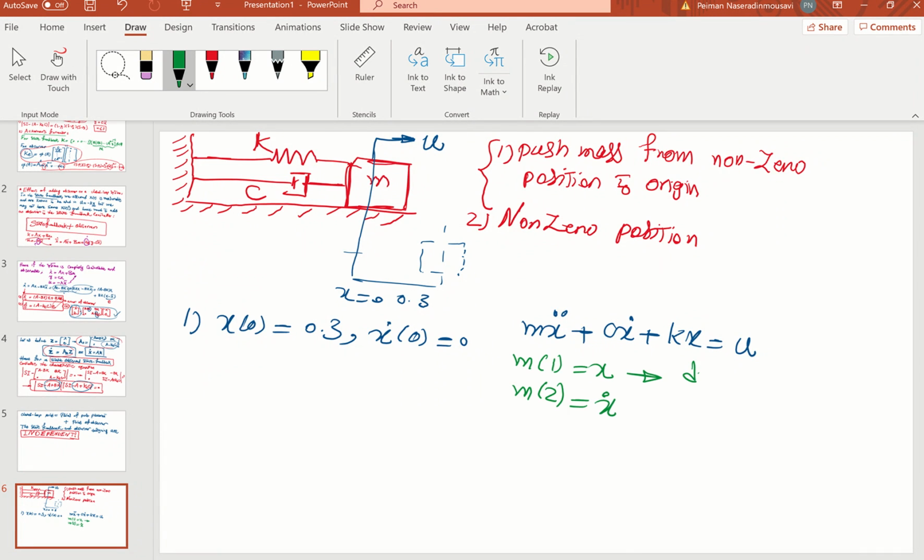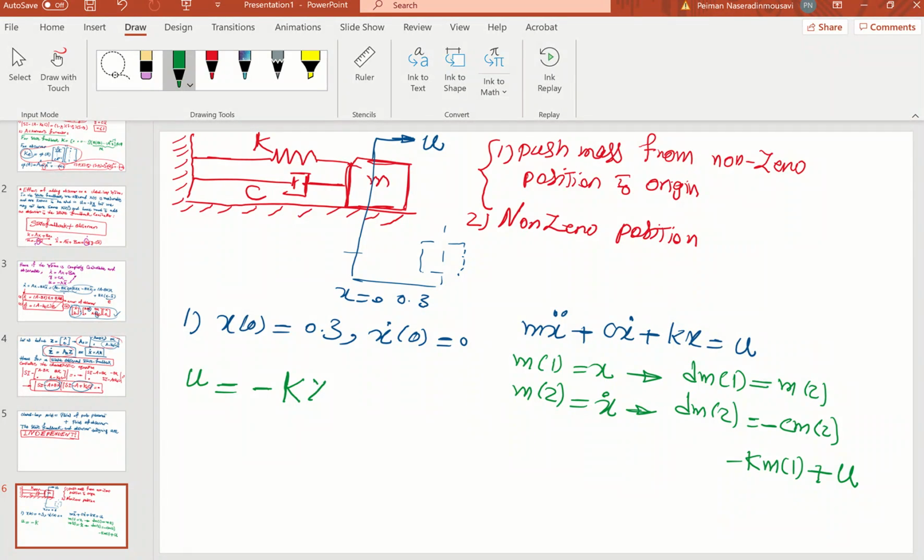So dm1 gonna be m2, as I'm gonna transfer to MATLAB, and the dm2 gonna be minus c m2 minus k m1 plus u. That's right. So first of all, we know that the u, because we need observer after time, is kx bar, because we're gonna estimate that we don't have it because of lack of the sensor.